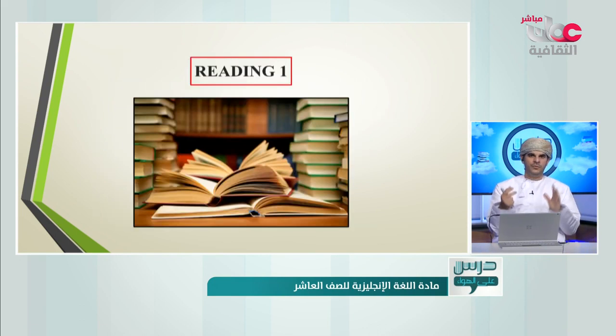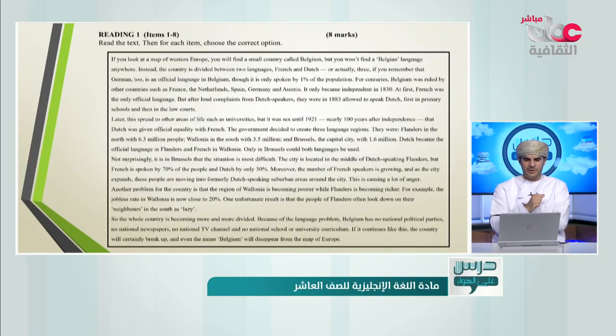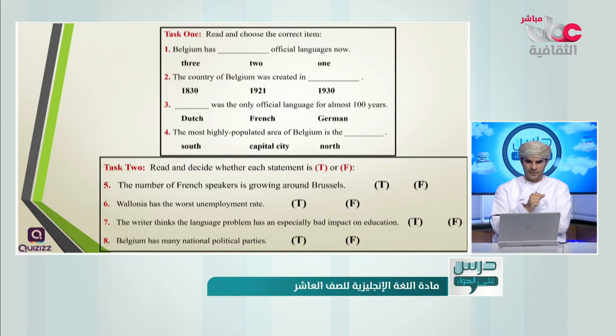Okay, let's move to the section where you struggle a lot. Okay, guys, here we have a reading. And in readings, you have to look here. You have a task, 2 tasks with 8 questions, 4 questions, multiple choices.